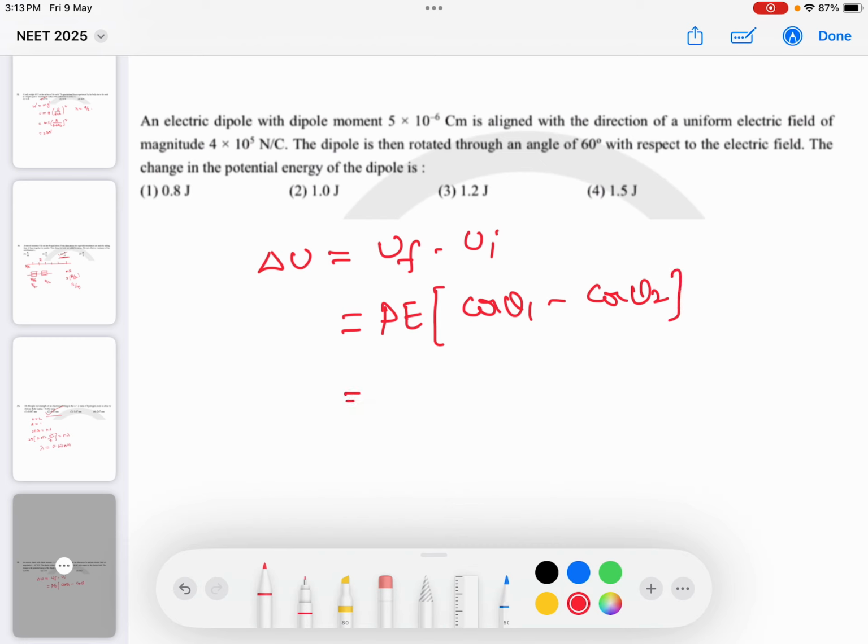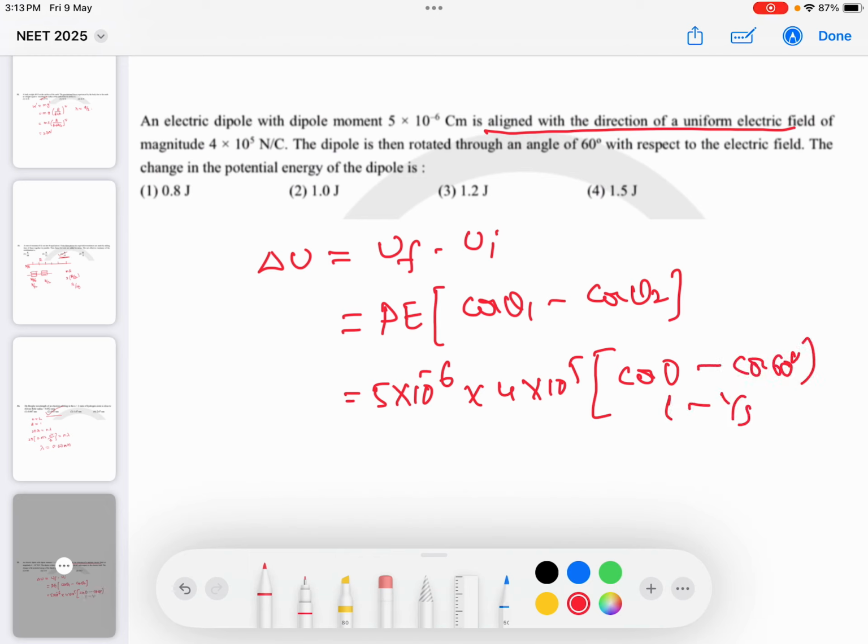Here dipole moment is given 5 into 10 power minus 6. Electric field is given 4 into 10 power 5. Initially the dipole is aligned in the direction of uniform field. Theta 1 is equal to 0 degrees and theta 2 is equal to 60 degrees.